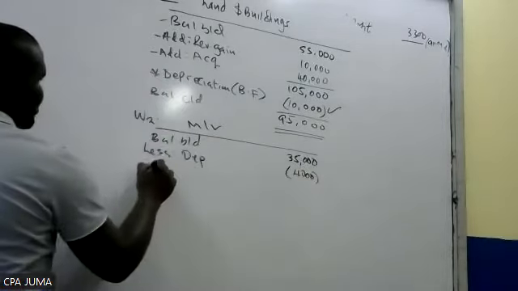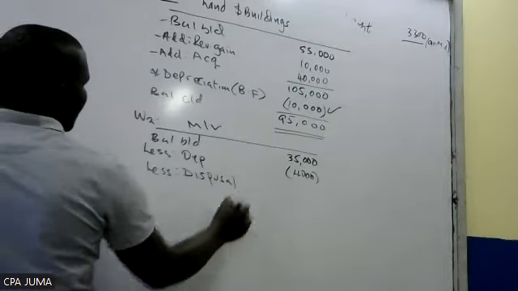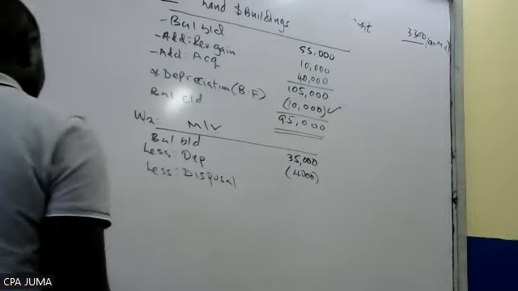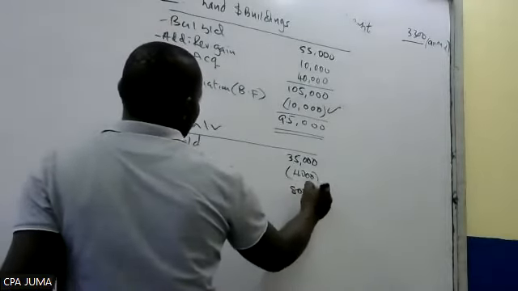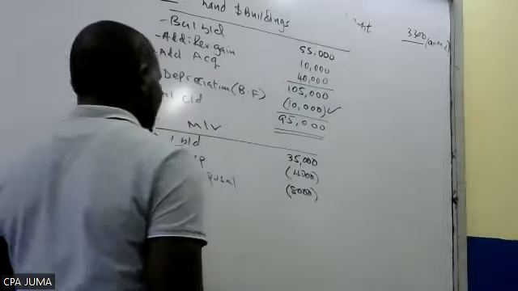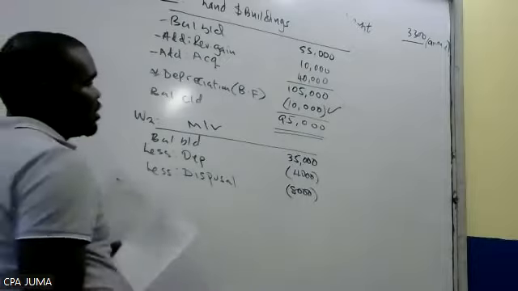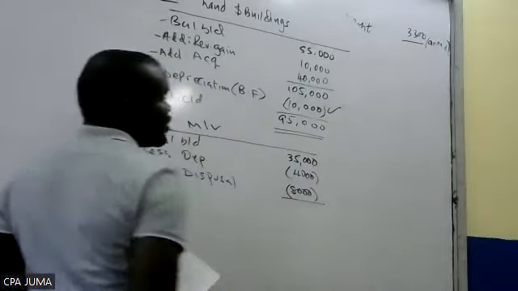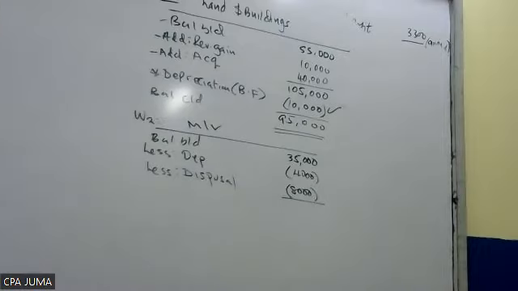Less disposal. They disposed. Disposal, how much? A net book value of 8. The net book value was 8. Wakauza 3. Yes. So it means the closing value of motor vehicle should be how much? 23.